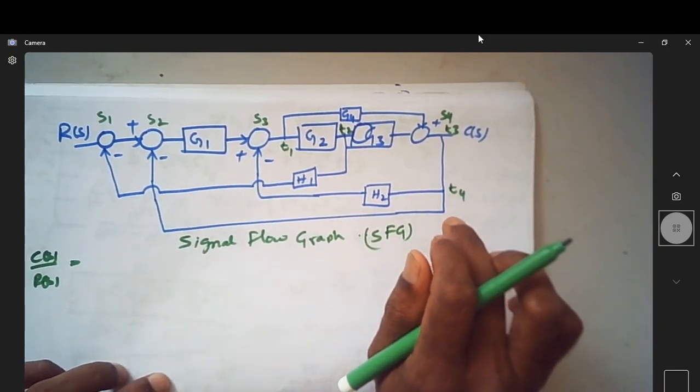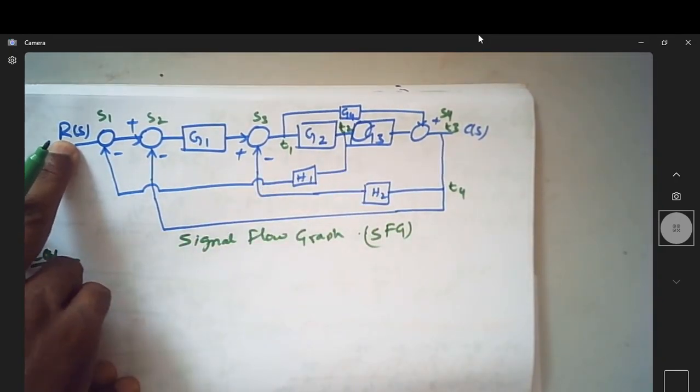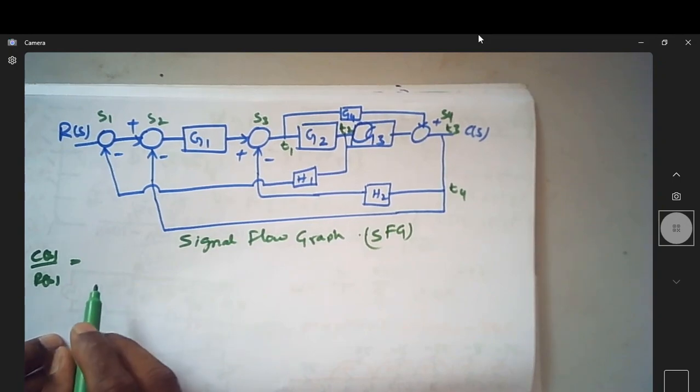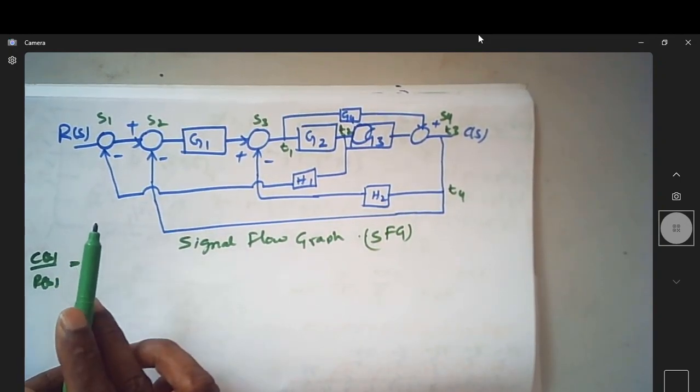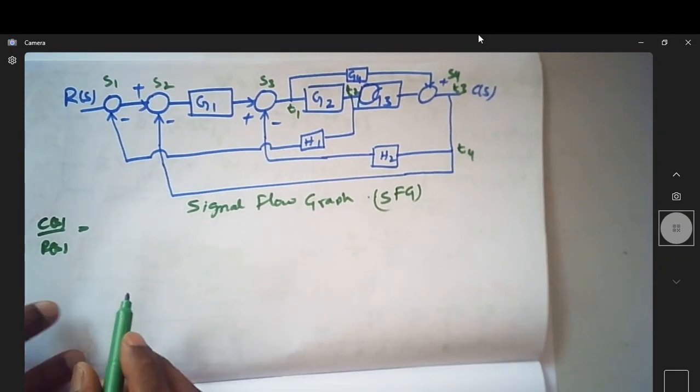So we are representing each and every takeaway and summing point along with the input and the output. Let us consider all those summing and takeoff points as nodes of the signal flow graph.